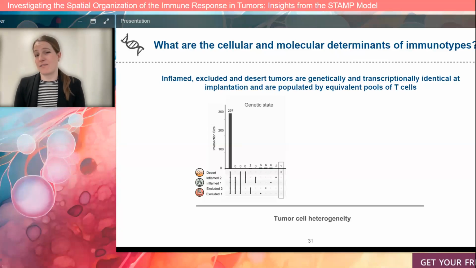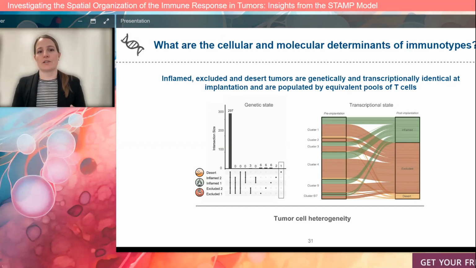And this variant was found only at very low frequency in those desert tumors. So from this, we concluded that the pre-existing genetic variants don't seem to be responsible for driving the different immunotypes, because the mutations that are present are not uniquely associated with only one single immunotype. They're common across all of them.